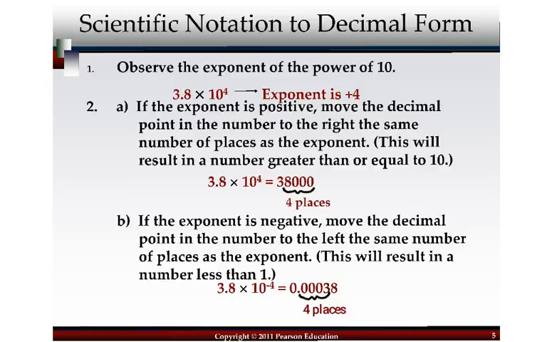And if that exponent is negative, you're going to move that decimal point to the left so many decimal places. That is simply converting scientific notation to decimal form. That's how it's done. So let's look at a couple examples.